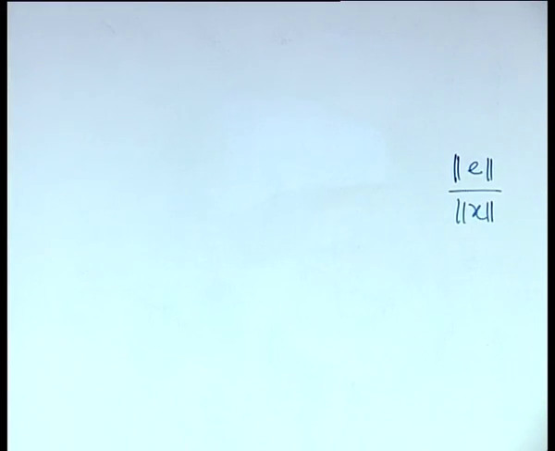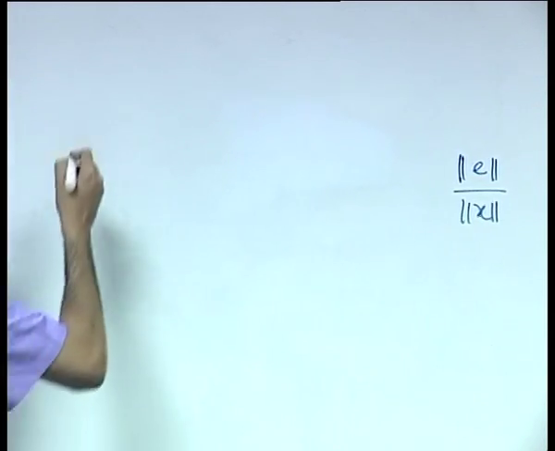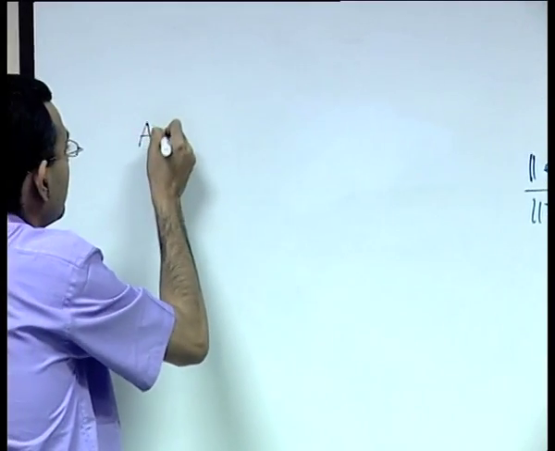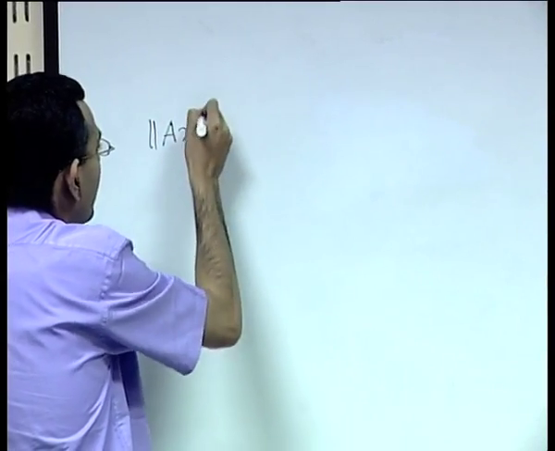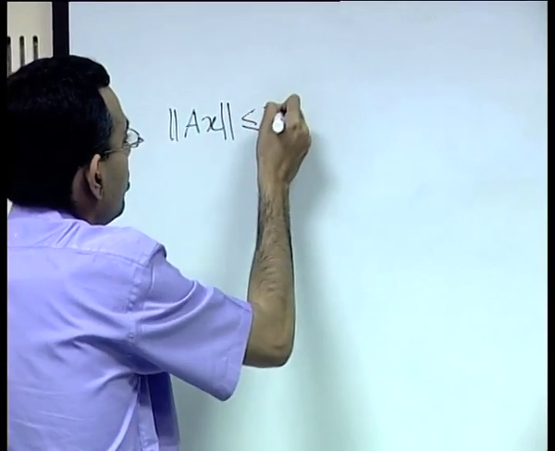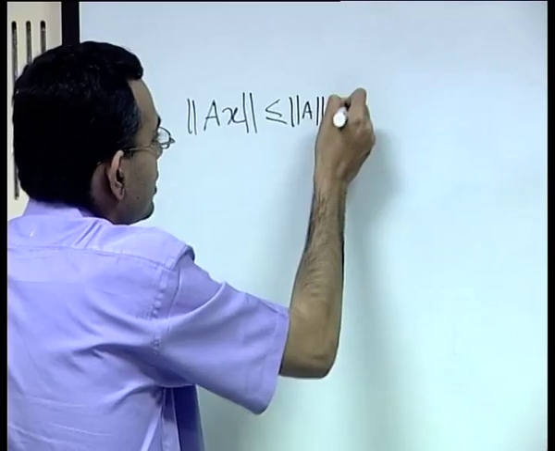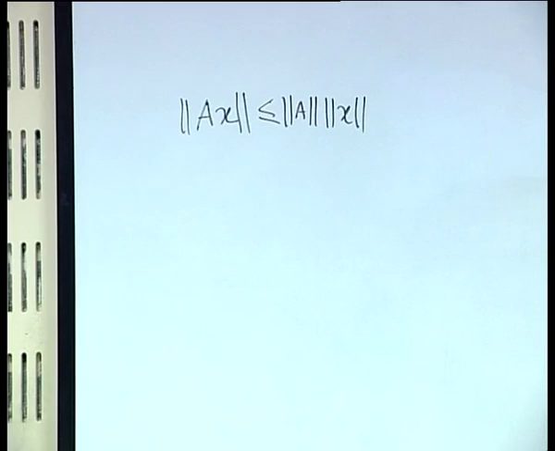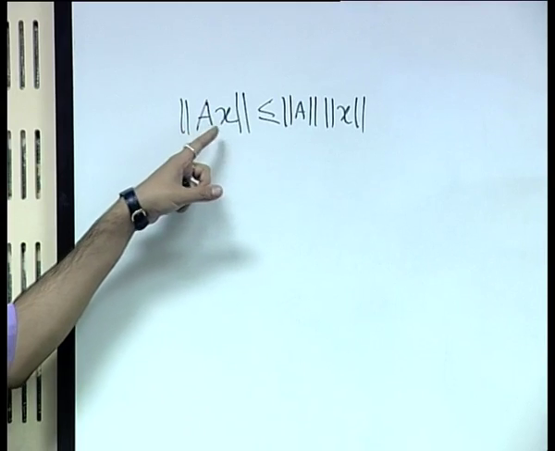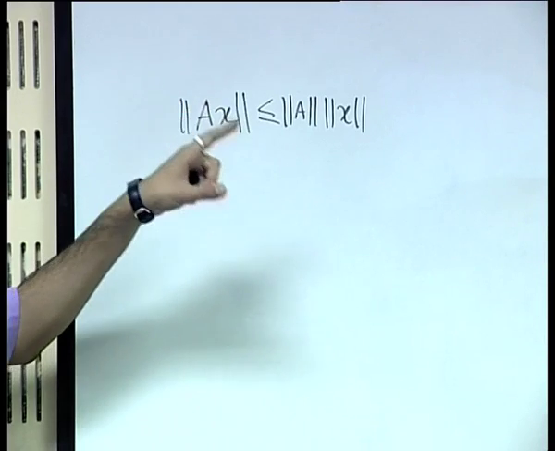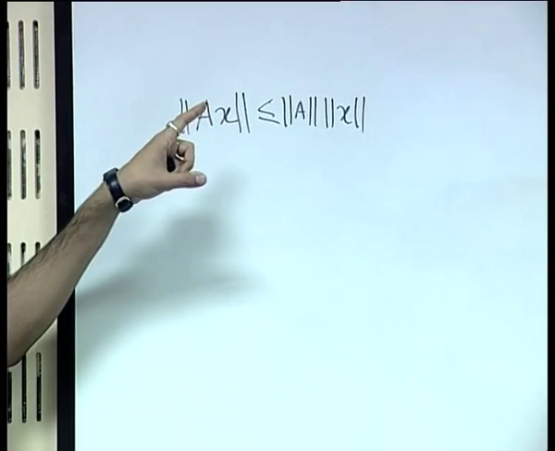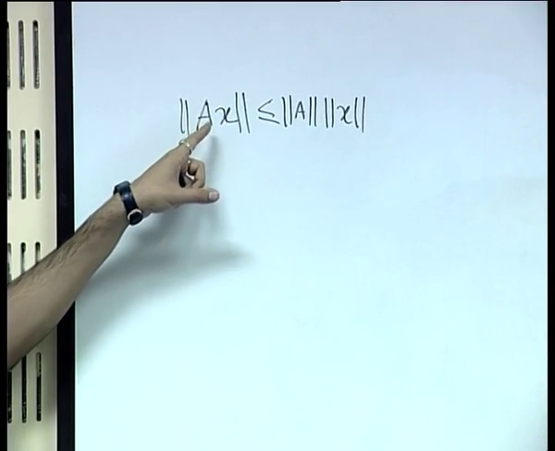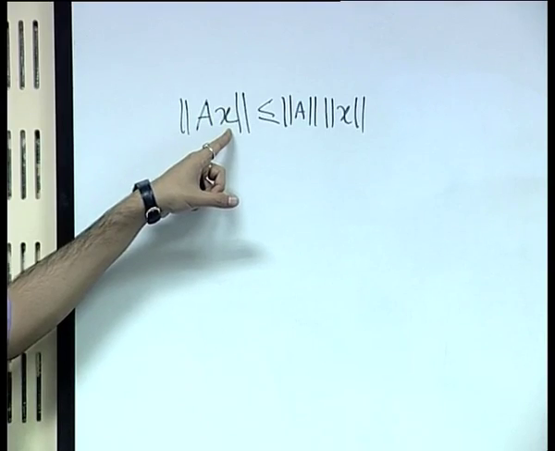To do that, we can recall that norm of Ax is less than or equal to norm of A into norm of x. What we used for two vectors a and b, or two matrices a and b, is also true for one matrix A and one vector x.